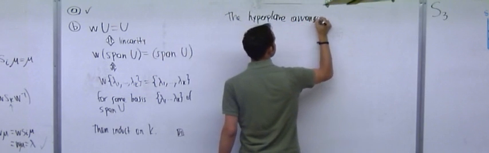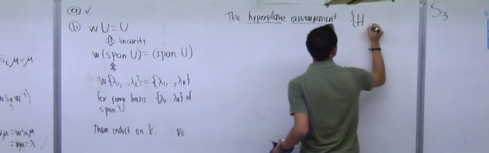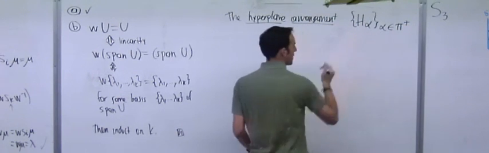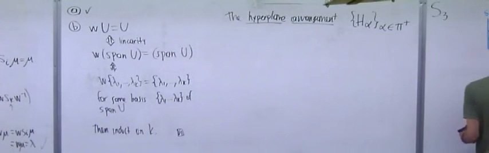A hyperplane arrangement consisting of, for each simple root, a hyperplane. Okay. I'm going to draw a black and white version and a colored version.